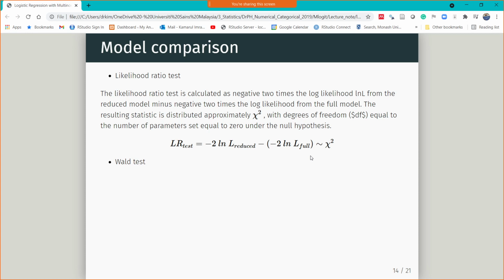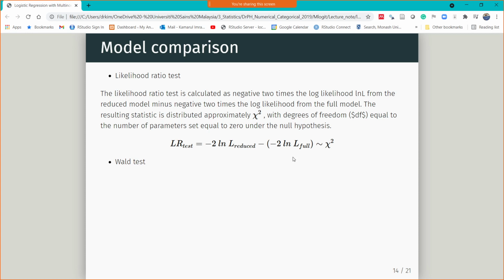The full model is the longer or the bigger model. And this follows chi-square distribution. You need to get the degree of freedom, and from there you can calculate the p-value to show if there is a significant difference in the likelihood between the two models.